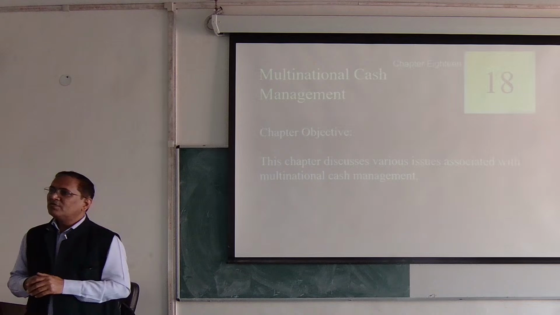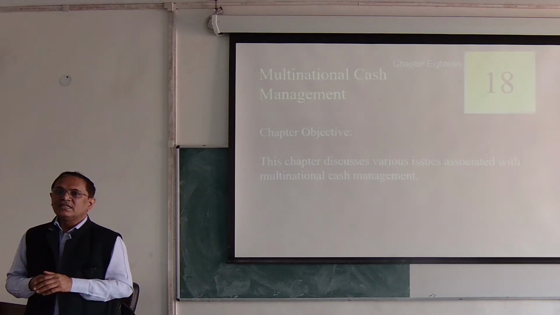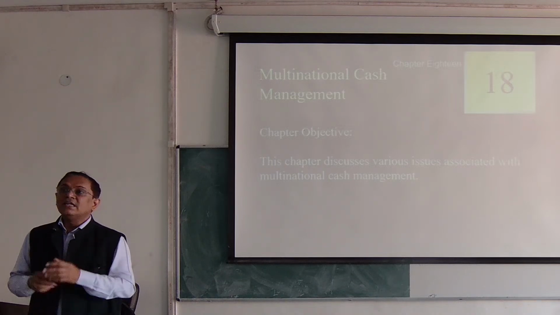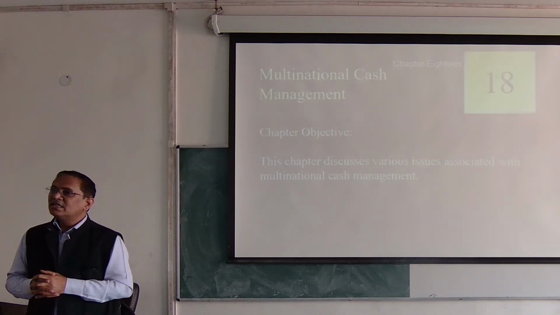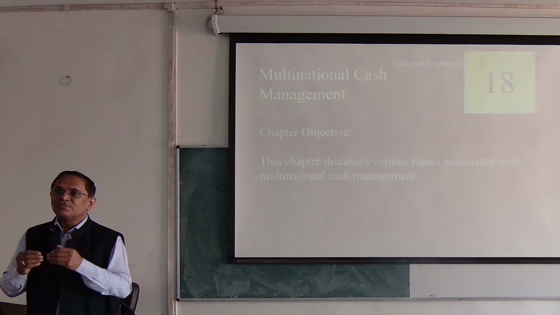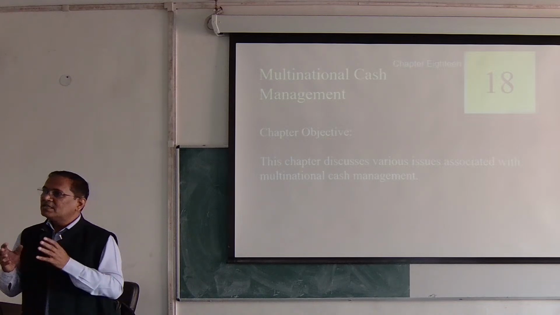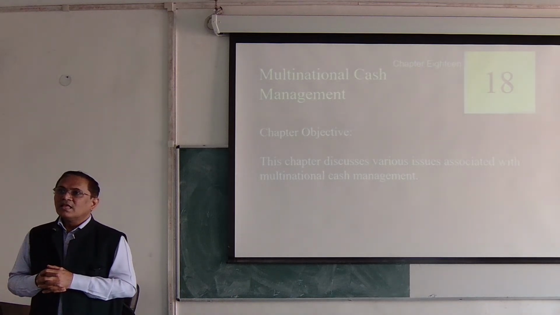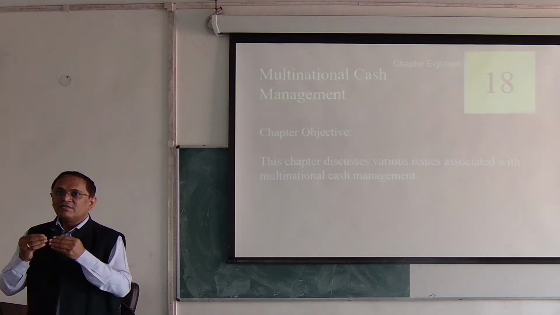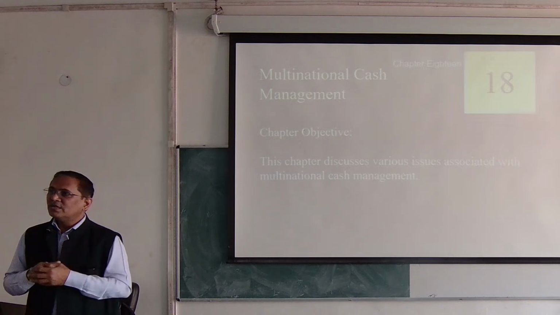Whatever the kind of risk is expected, that is country risk and currency risk in addition to business risk. When we say currency risk, it is the exchange rate which is important. When we say country risk, it means political risk, social risk related to bilateral relationship. That is also very important.